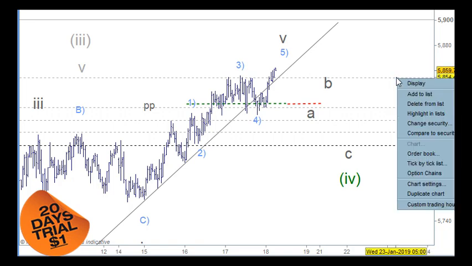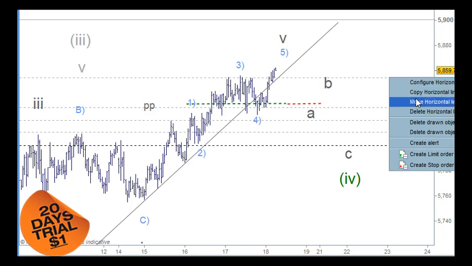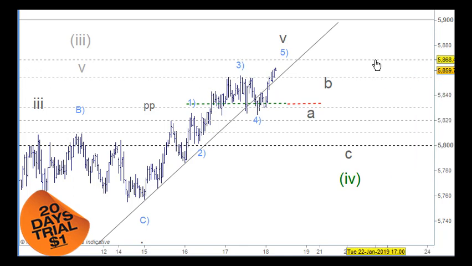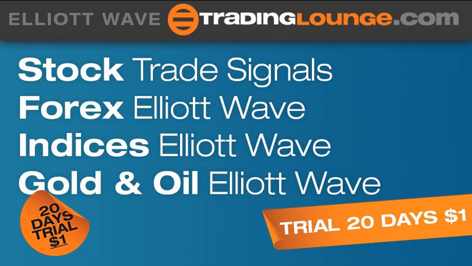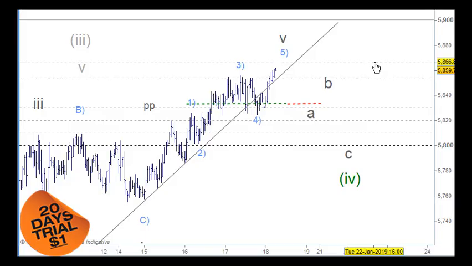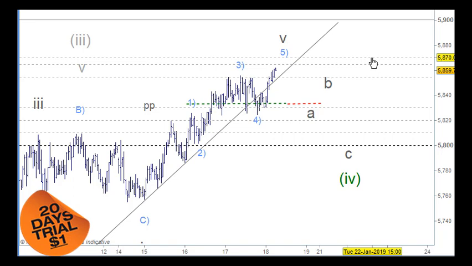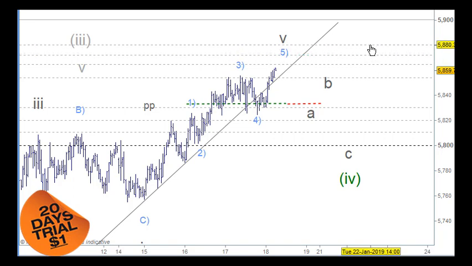And then the next level up, of course, is group 2. So that's 65, roughly 72, and 80 in here.